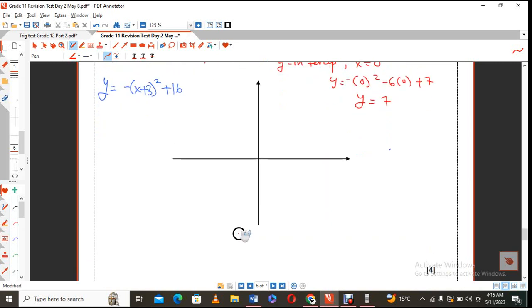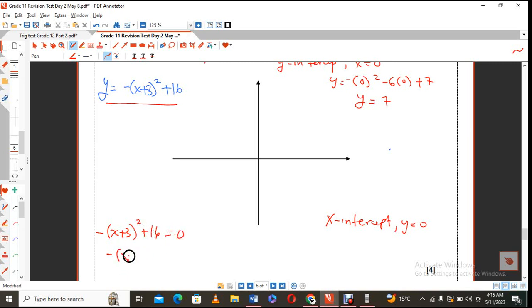So the x-intercept is when y equals 0. So I'm taking this equation and I'm going to let it equal 0. So I'm going to say negative in bracket (x plus 3) all squared plus 16 equals 0.